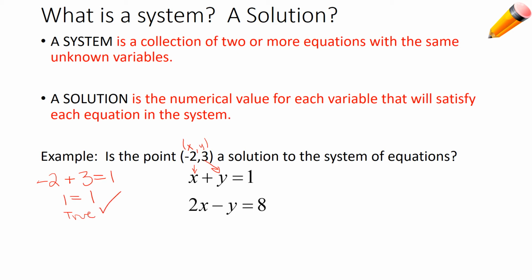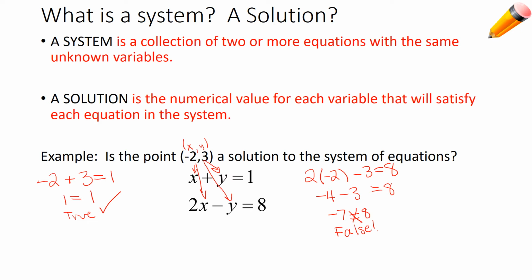So it checks out. Okay, let's plug in -2 for x in the second equation and 3 in for y in the second equation. So we have 2 times the -2 minus 3 is equal to 8. 2 times the -2 is -4 minus 3. -4 minus 3 is -7, equal to 8. Well, -7 is not equal to 8, so that statement is actually false, which means that this is not a solution, right?